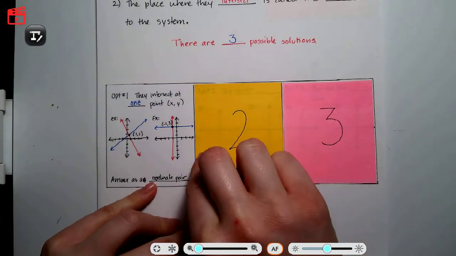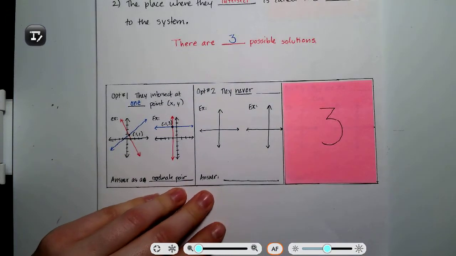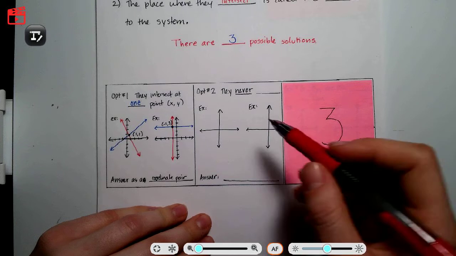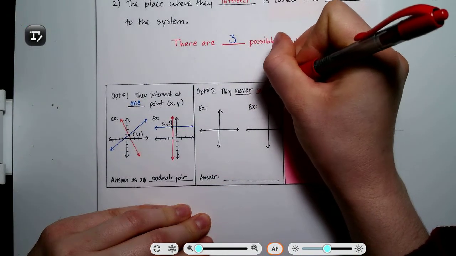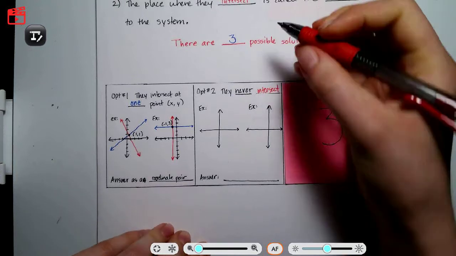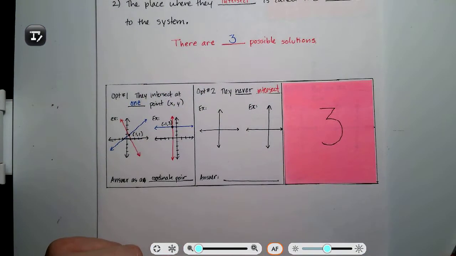So the second option that our two lines can appear is they can possibly never intersect. It's kind of strange. In this one, they intersect once, right? Because they're crossing. But it is possible for two lines to actually never intersect. You remember what kind of lines those are called?